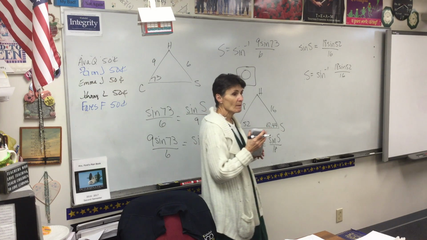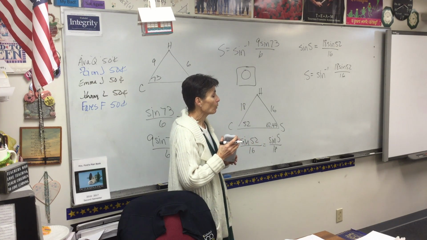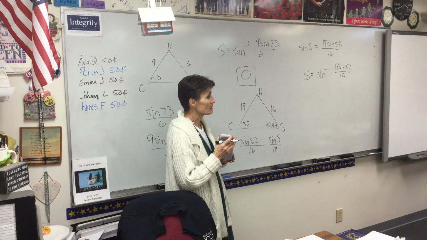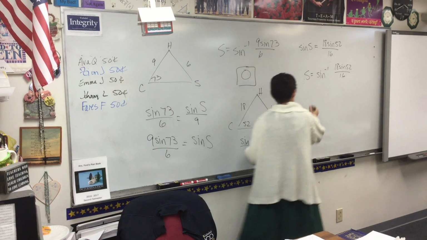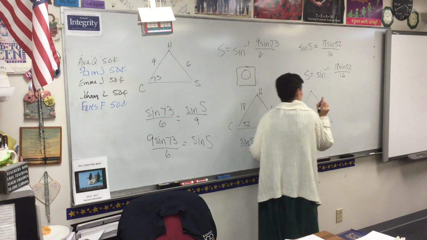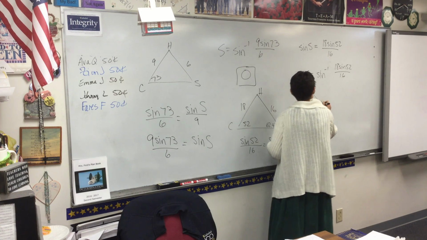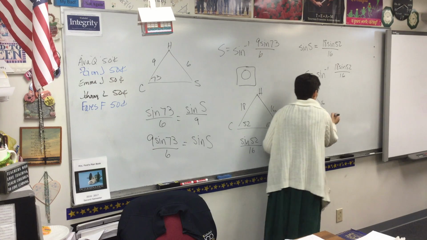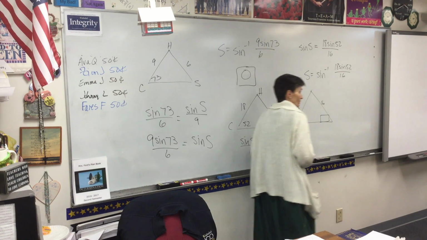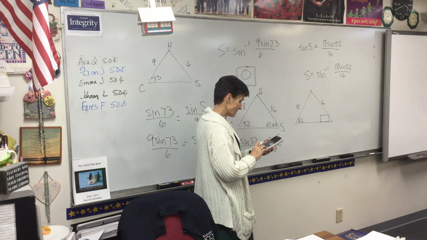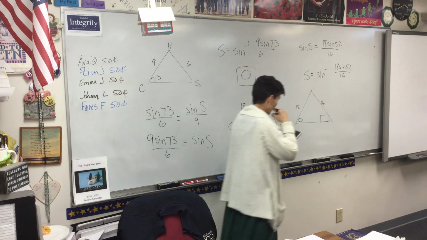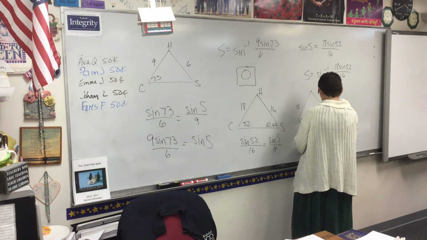Now, does anyone remember? You aren't done. Don't stop. What do we have to do now? 180 minus 56. Now we have to say to ourselves, is there a second triangle? If there is a second triangle, this angle right here will be 180 minus the first one you got. So that'd be 117.56.